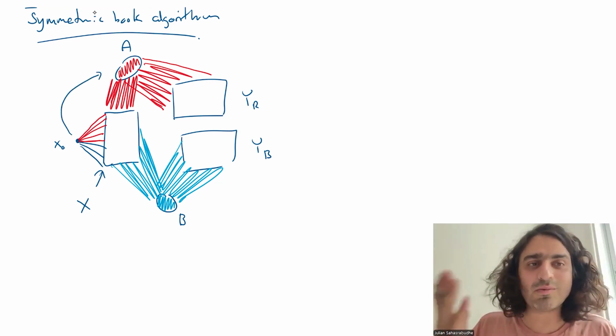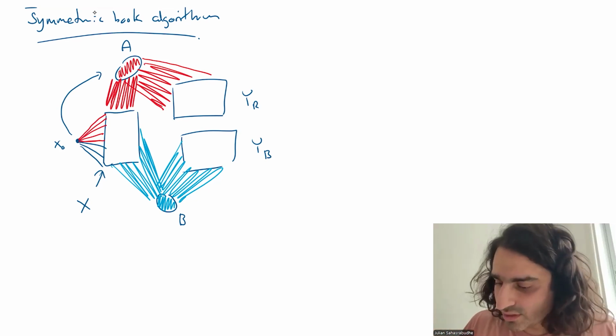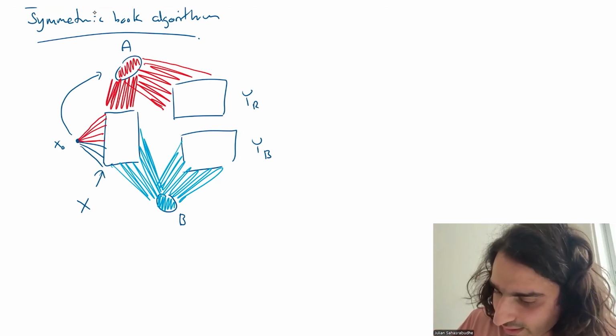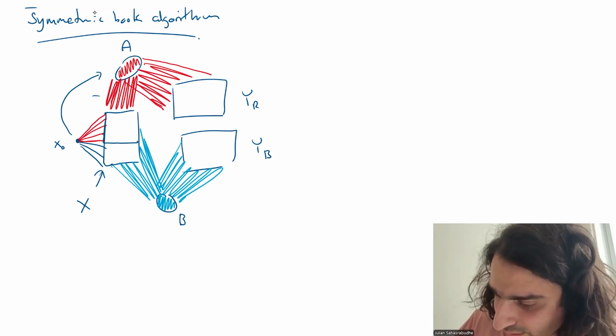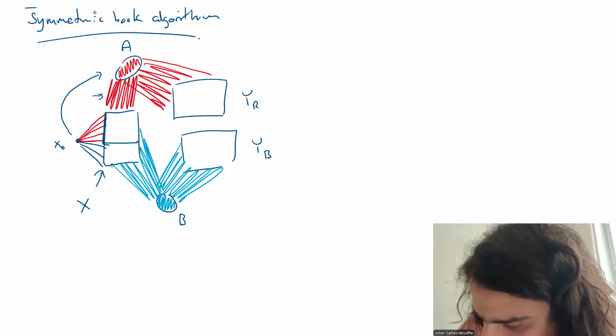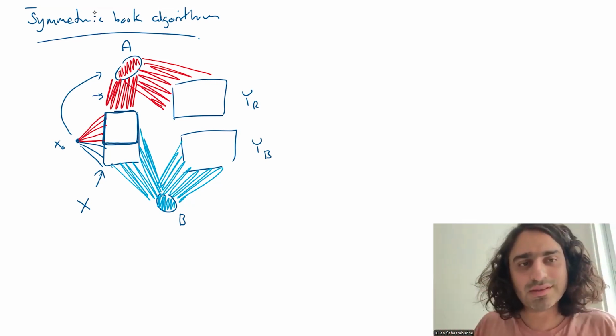And I ask, what properties need to hold for this to make sense? If I'm going to put x naught into A, I'm going to have to shrink x in order to preserve this bit of the picture here. I'm going to have to shrink x to be the red neighborhood of A here. Okay, this is fine.